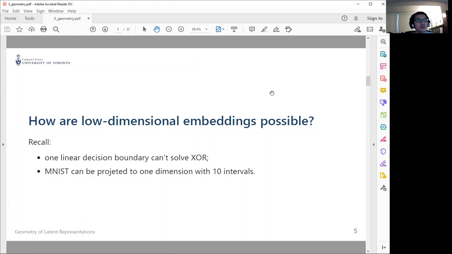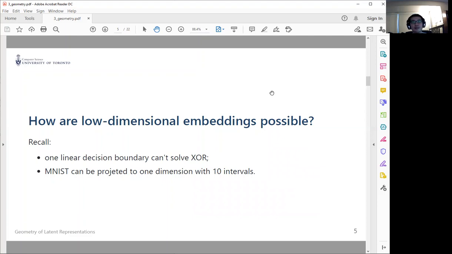Recall that one linear decision boundary cannot solve the XOR problem, because we essentially need two decision boundaries, and one linear neuron cannot do that. Another example is that the MNIST dataset can be projected onto one dimension with 10 intervals, because it is essentially the handwritten digits from 0 to 9.